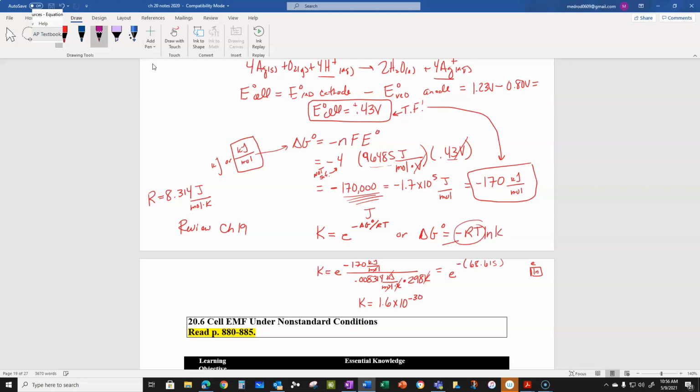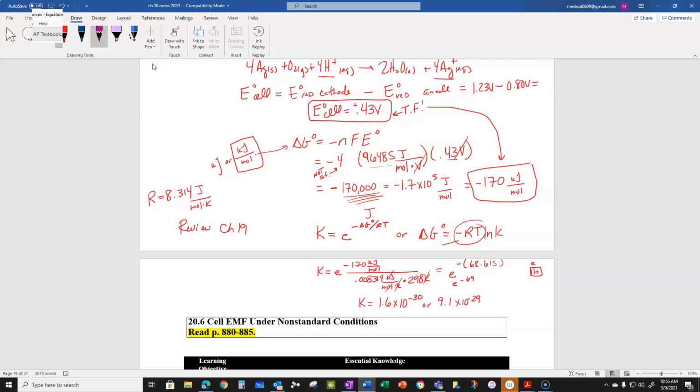Now my book, let's see. Yeah, when they get to this part right here, they use 2 sig figs instead of all the value. Instead of using the whole calculator, they use e to the negative 69 right there. So they get this value instead, about 9 point, I think they said 1 times 10 to the negative 29.